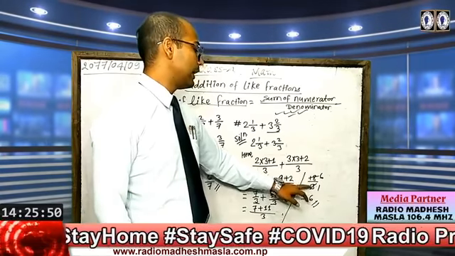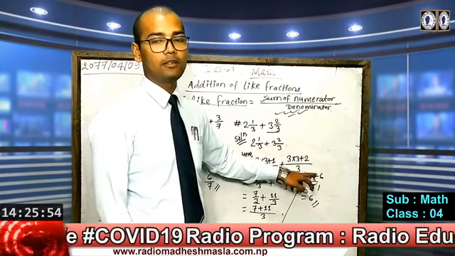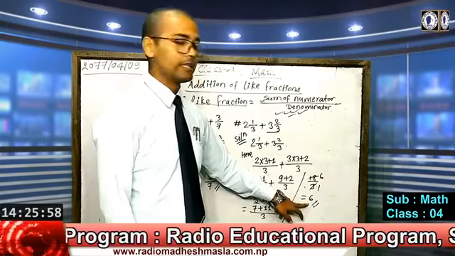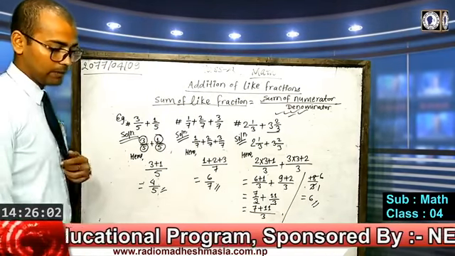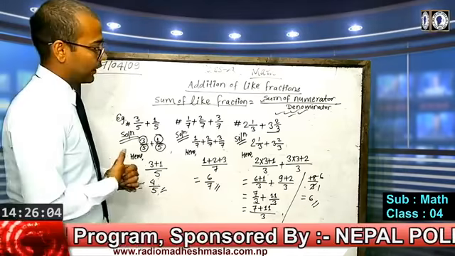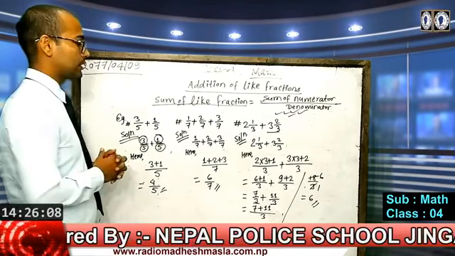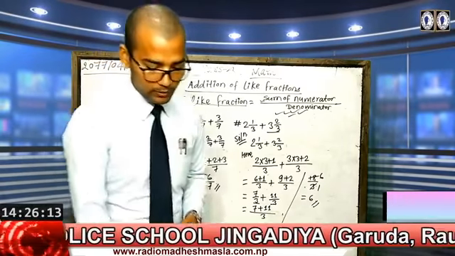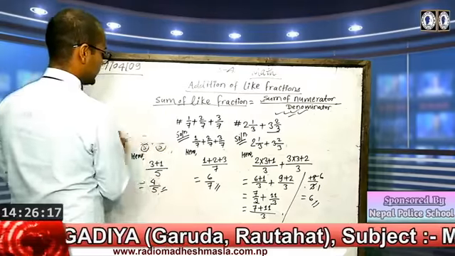Then 18 is divisible by 3, so we divide and get 6. Our answer is 6. In this way we can add fractions if they are given as like fractions in mixed numbers. Okay, let's go for the other questions.